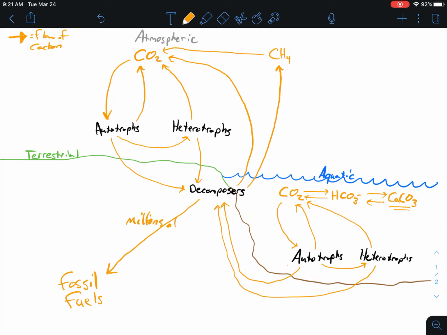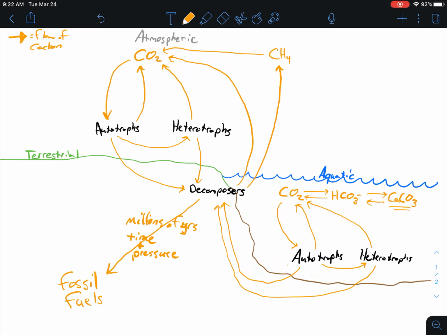It requires time and pressure and the right starting ingredients in order to take that incomplete decomposition and turn it into fossil fuels.